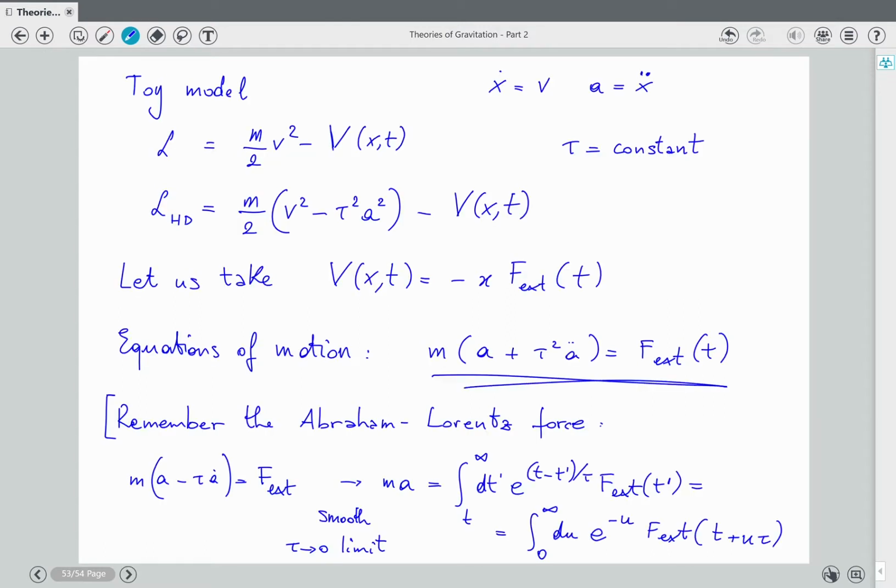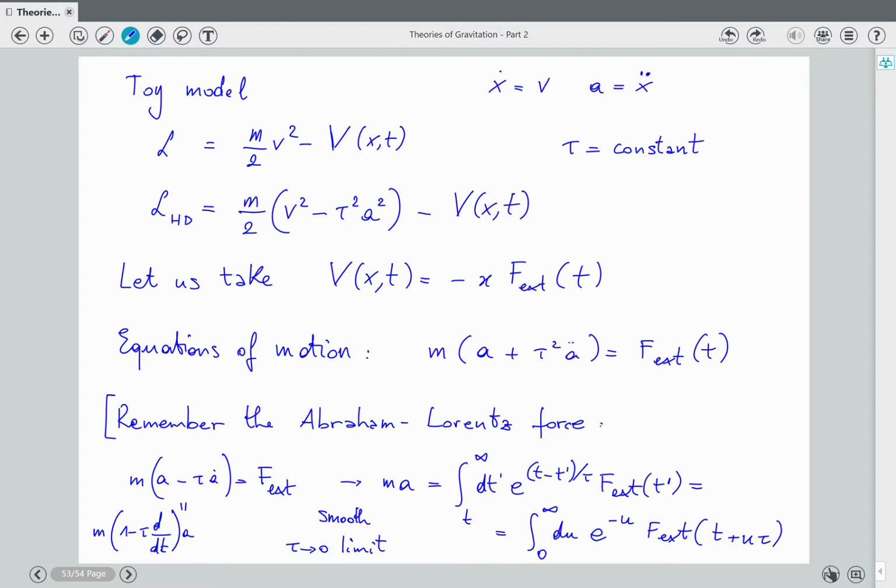And here what do you do? If you remember, we used to write this as m(1 minus tau d/dt) a, and then we inverted that operator to the right-hand side and chose that particular Green function that was compatible with this smooth limit.